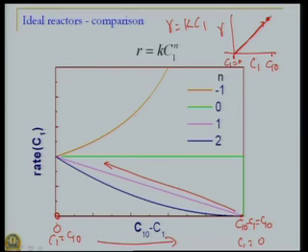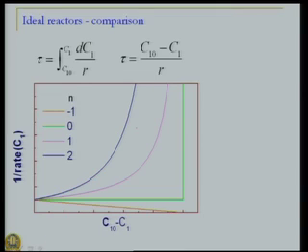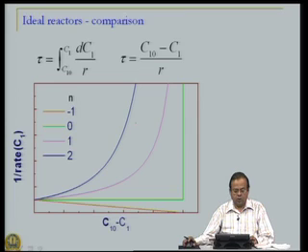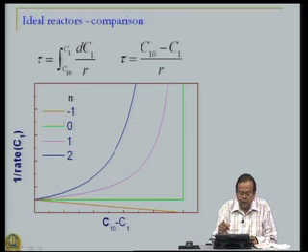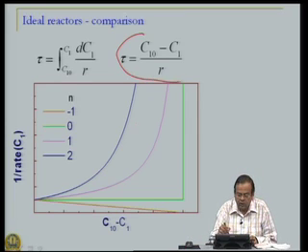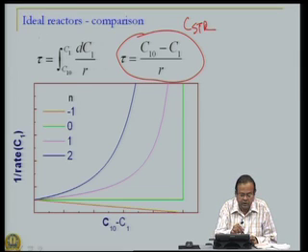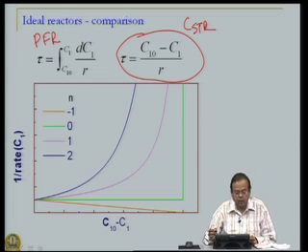Now, let us try to compare these two reactors by looking at this particular plot. Again, going back to our design equations, this is the design equation for CSTR and this is the design equation for plug flow reactor.